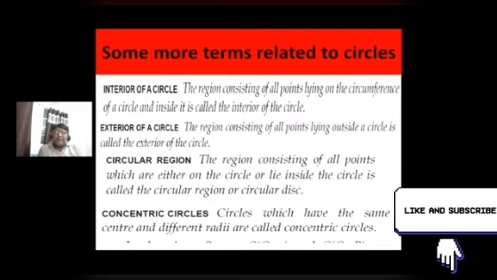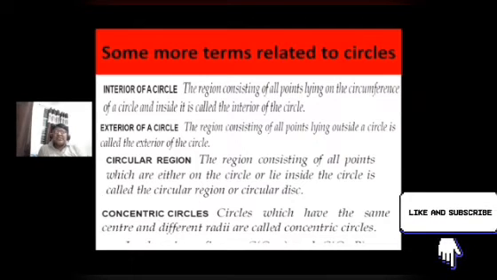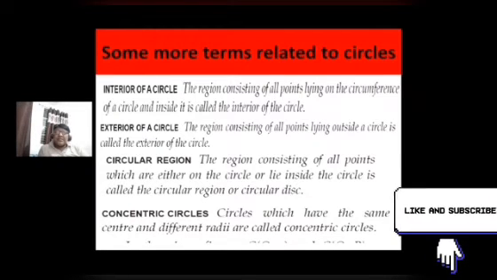And circular region, the region consisting of all those points which are either on the circle or inside the circle, is called the circular region or the circular disc.